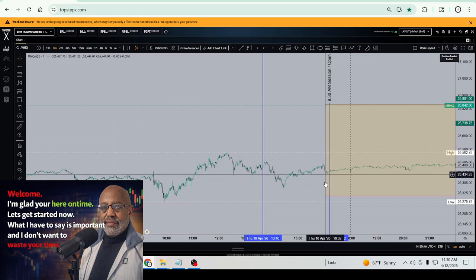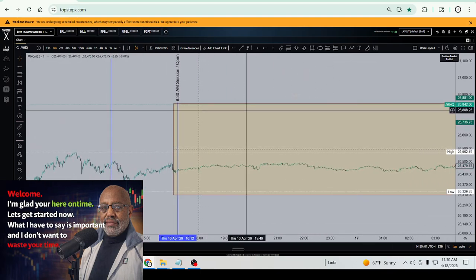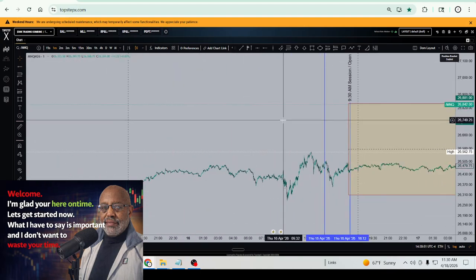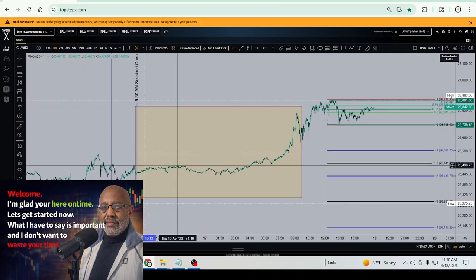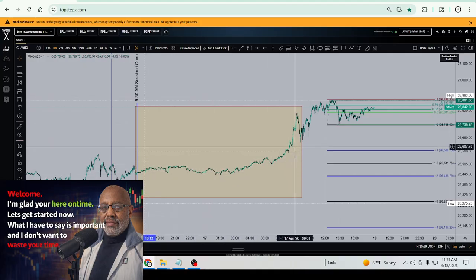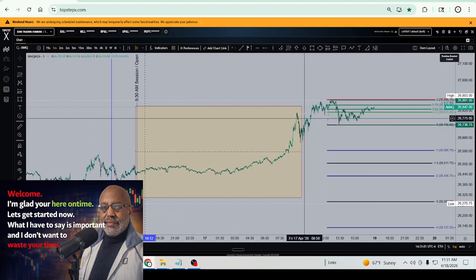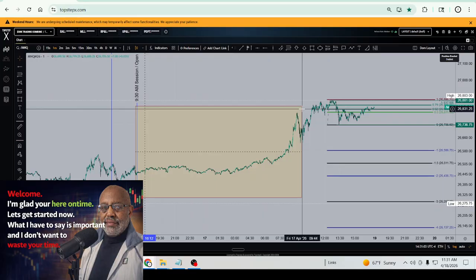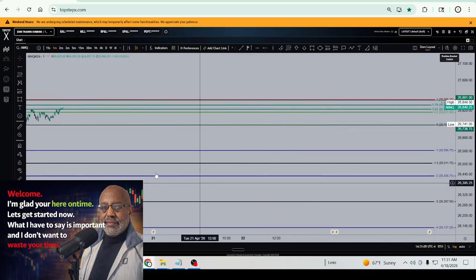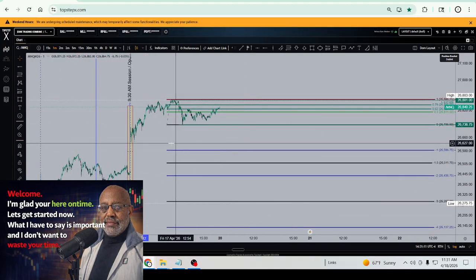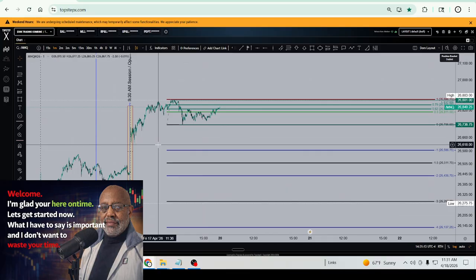All this area, there was a gap in price. But during the electronic trading hours, it has showed up. But it didn't show that area during the regular trading hours application. Why is that? Well, I don't completely know, so I'm not going to lie and tell you something I don't understand. But it happens like that often.